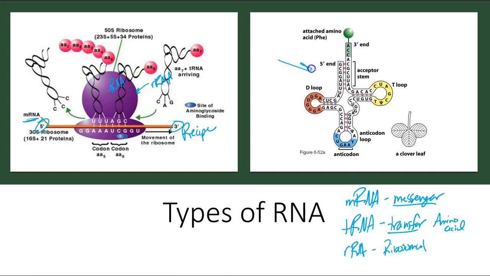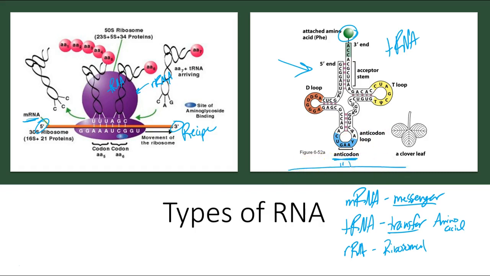A close-up look of the transfer RNA can be seen over here. This is a transfer RNA. It looks like a cloverleaf. It has that cloverleaf structure. It has an amino acid attached to the 3' end. It has an anticodon between the T loop and D loop. It is actually called the anticodon loop. This anticodon, GAA, is going to be complementary to our messenger RNA codon.